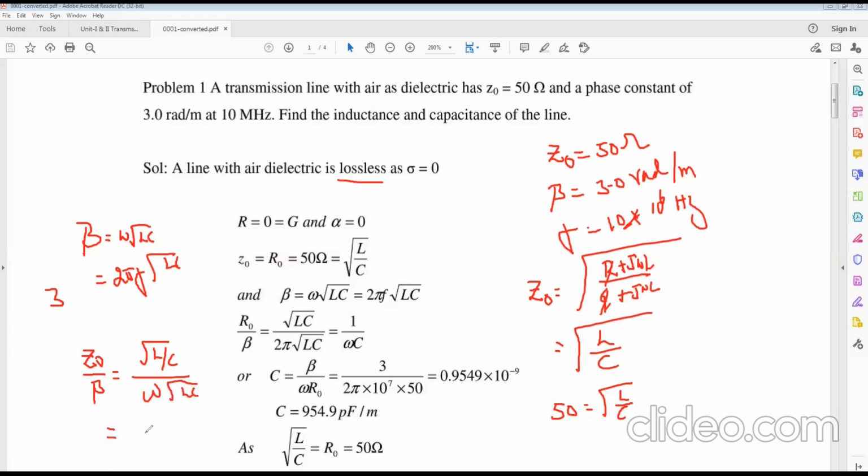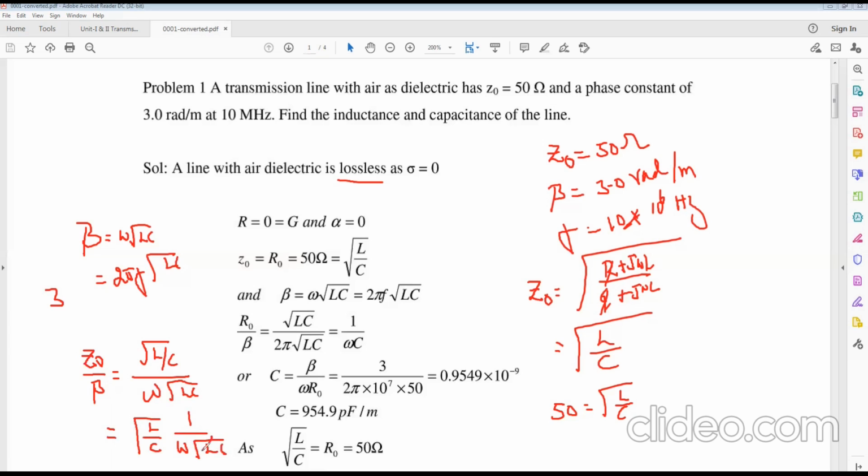That is equal to root L by C times 1 by omega root LC.